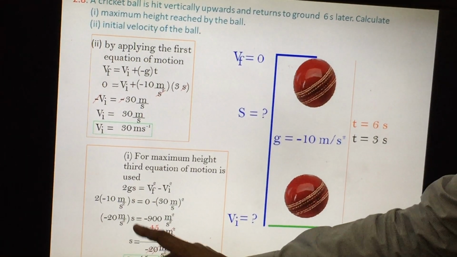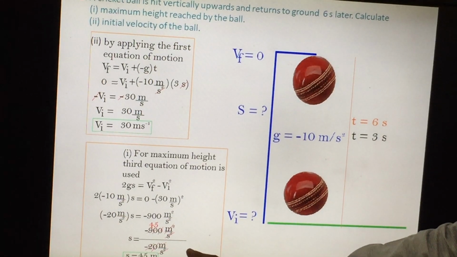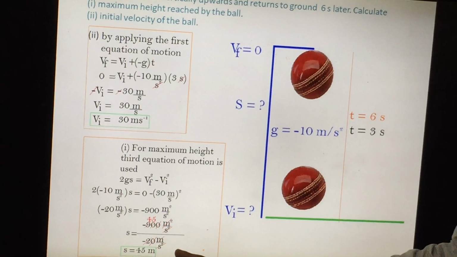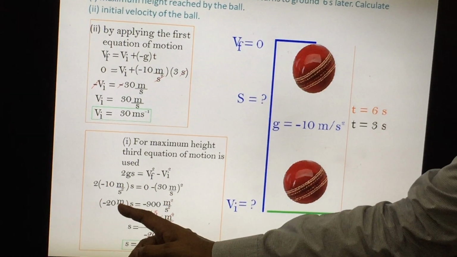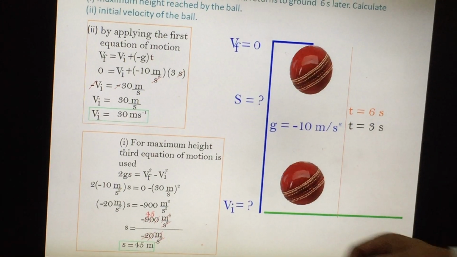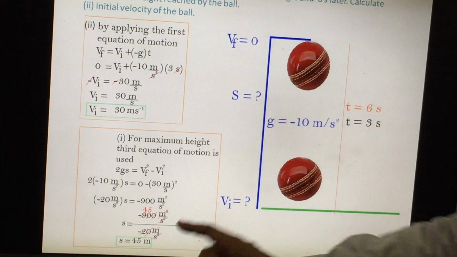So whenever this minus 20 meter per second square comes to the right side of the equal sign, it comes with the inverse operation. Minus 20 meter per second square is multiplying with s, so when it comes to this side of the equal sign, it gets divided.